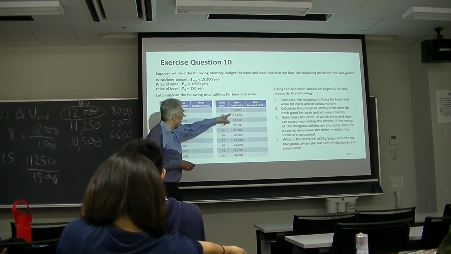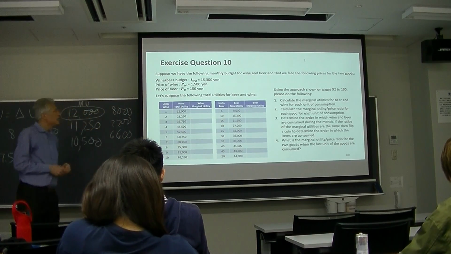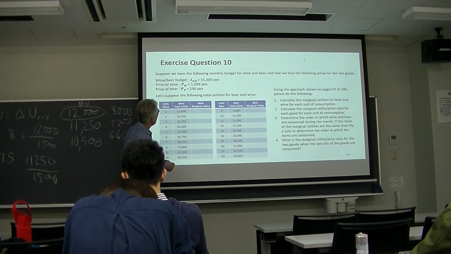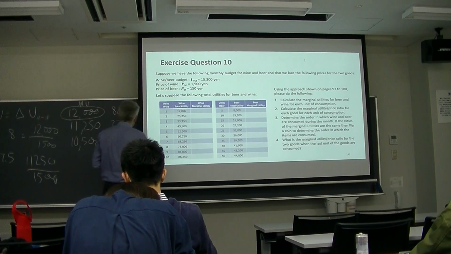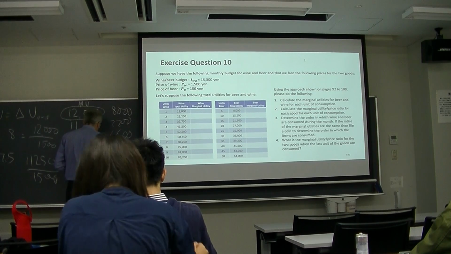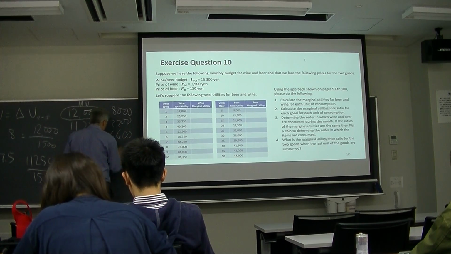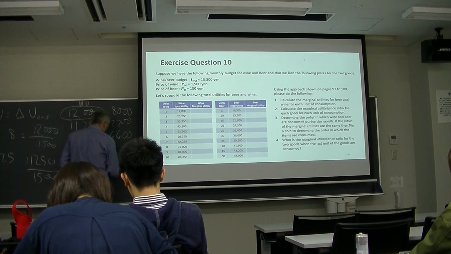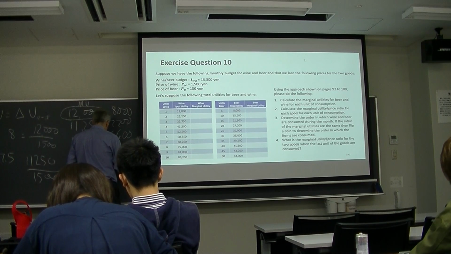So you can calculate how much marginal utility I'm getting. Let's see, 5 beers at 150 is 750. So 8,000 divided by 750, and it's what, 10-something? Is that right?